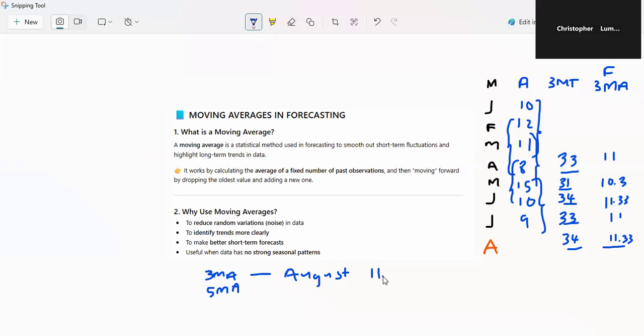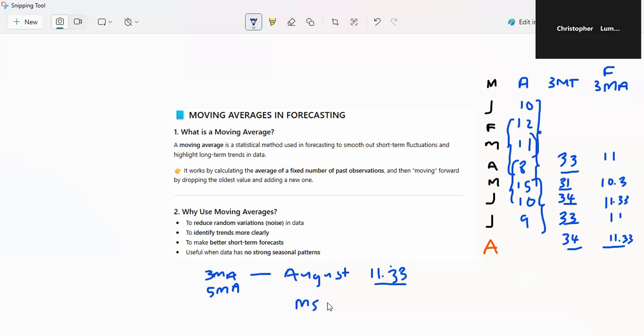Okay, then now there's what we call the mean error. The mean error is simply used to calculate which of the two forecasts is more accurate. And how do we find it? We find the difference between the actual and the forecast, and so we have what we call the mean square error.